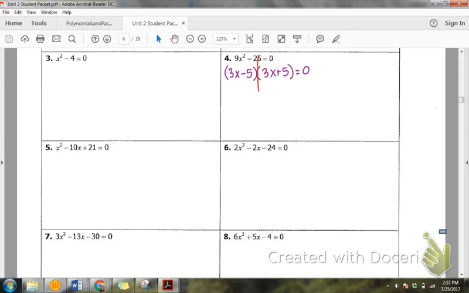So I just like to split them down the middle. 3x minus 5 equal to 0. 3x plus 5 equal to 0. Go ahead and solve. This is where you can't just flip the sign.